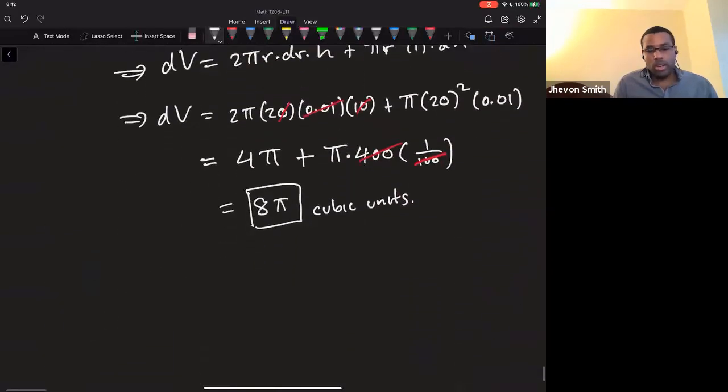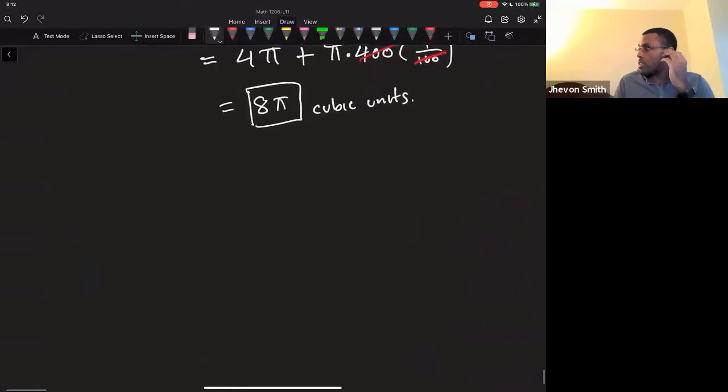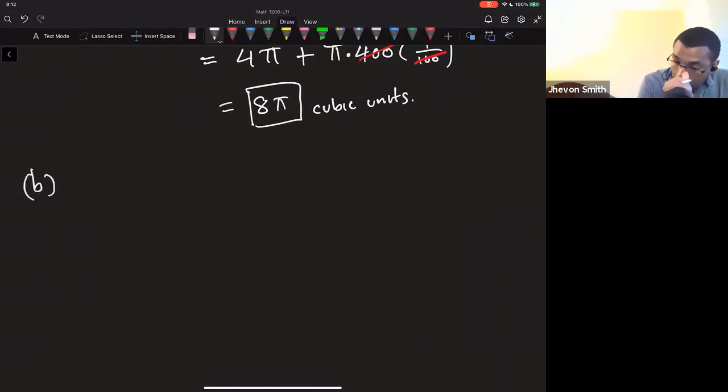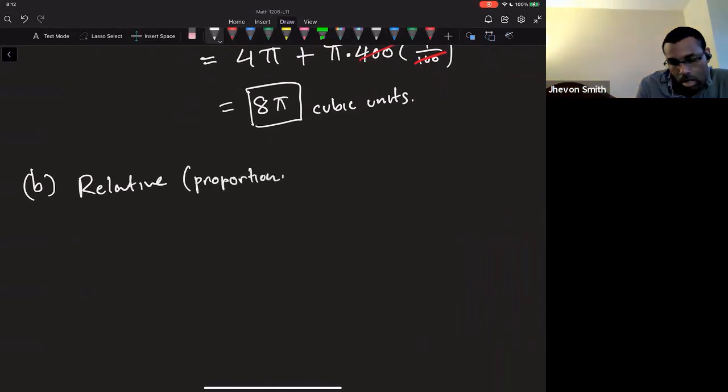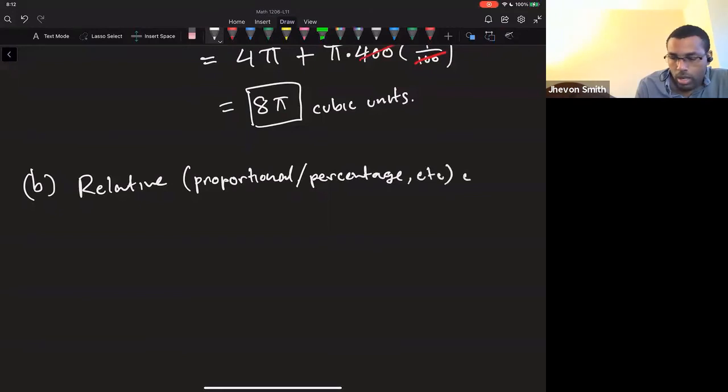So the relative error is whatever the change in error is out of the total volume. It's kind of like you're finding a percentage error. So B, relative, this means like proportional, percentage, etc. error.